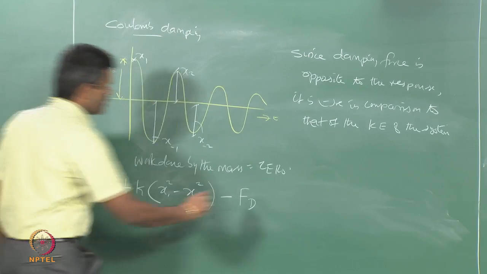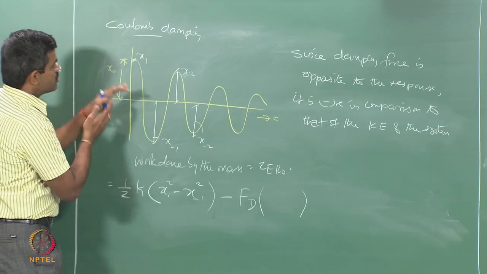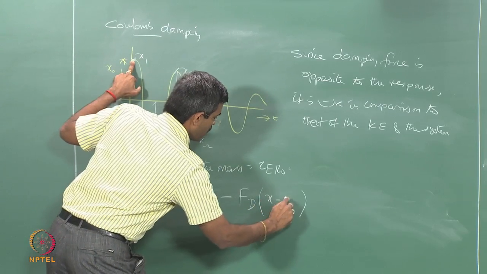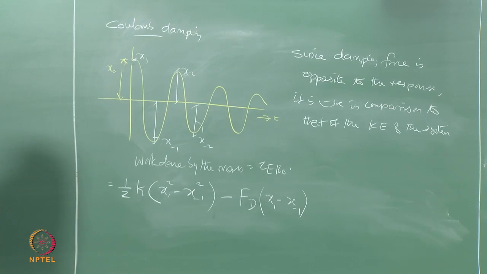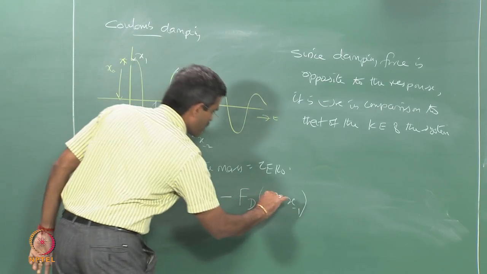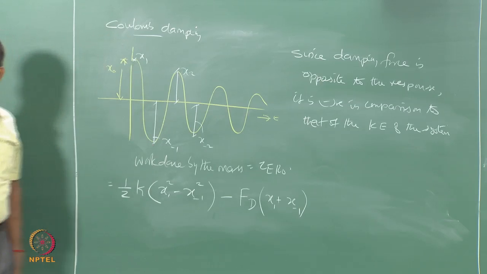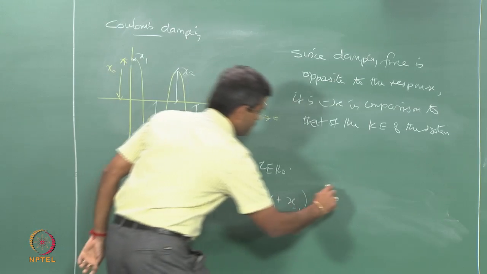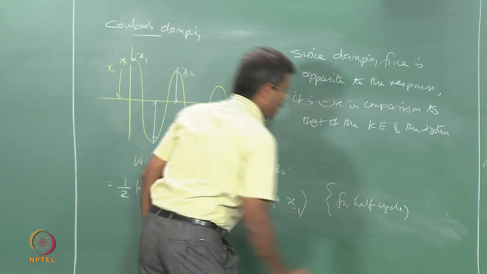Now, this will be the total displacement in a half cycle. I am looking only at the half cycle. So, I should say x1 minus of minus x1, minus of minus becomes plus, looking for the total amplitude for a half cycle. Why is it half cycle?